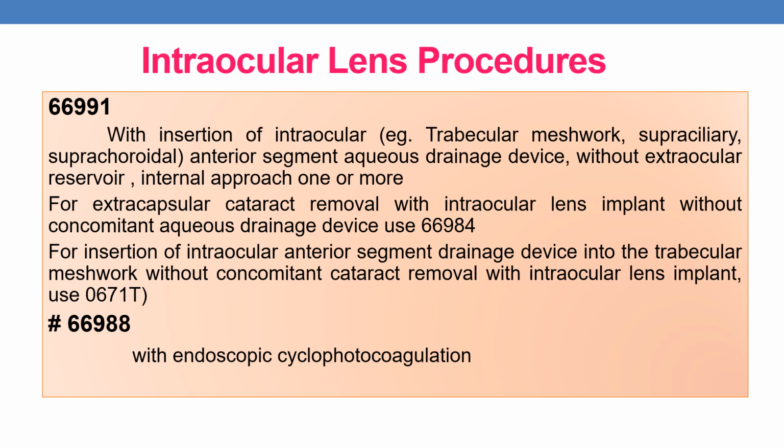And for extracapsular cataract removal with intraocular lens implant without concomitant aqueous drainage device, you need to use 66984. And for insertion of intraocular anterior segment drainage device into the trabecular meshwork without concomitant cataract removal with intraocular lens implant, you need to use 0671T.